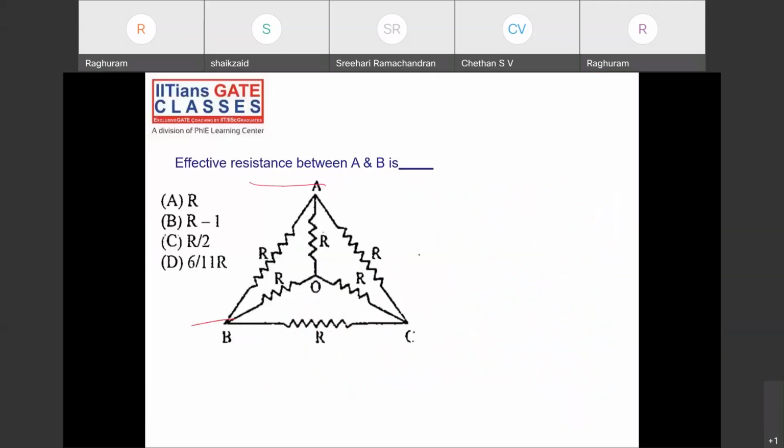Everyone, find the effective resistance between A and B terminals. The resistance between A and B terminals, okay?